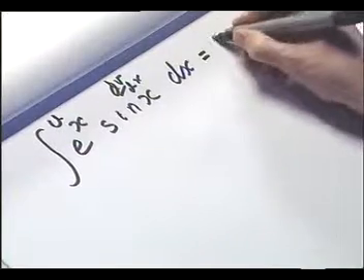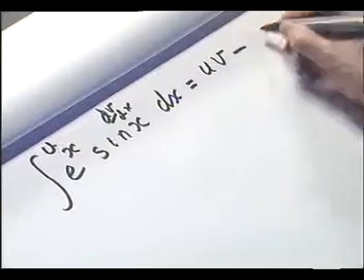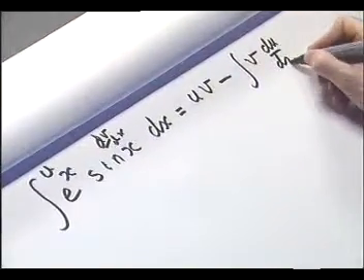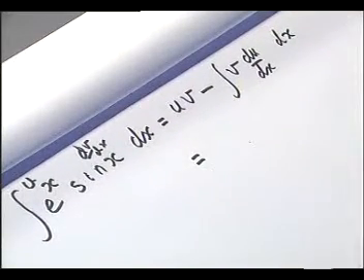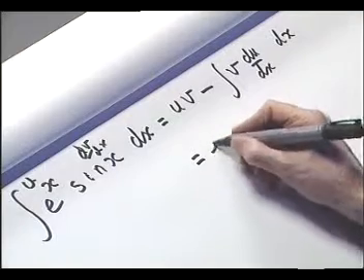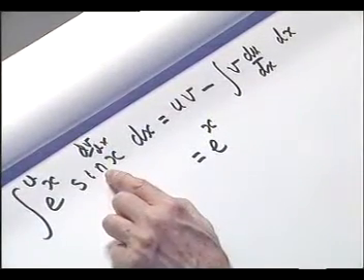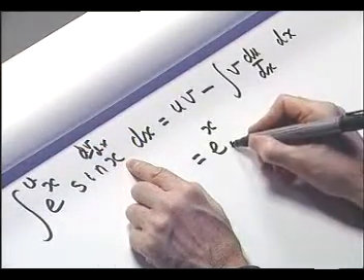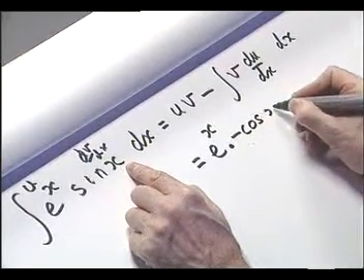Equals. Let's write down the formula. uv minus the integral of v du by dx with respect to x. u is e to the x. It stays the same. v is got by integrating sine, and the integral of sine is minus cos x.